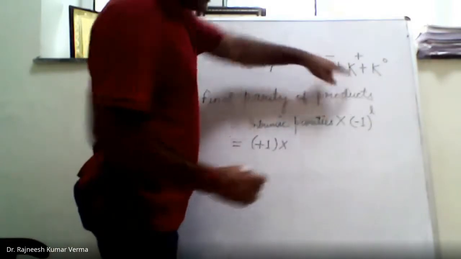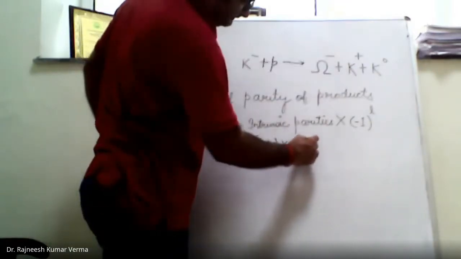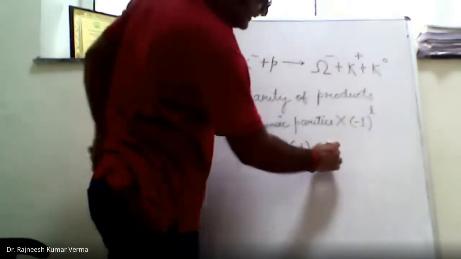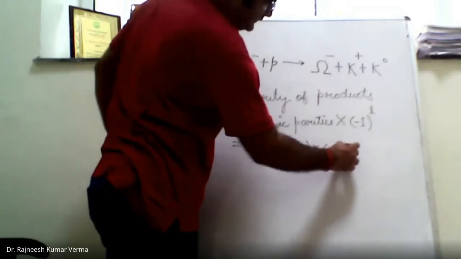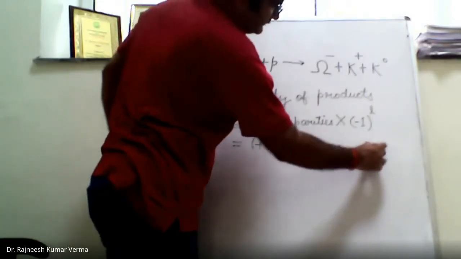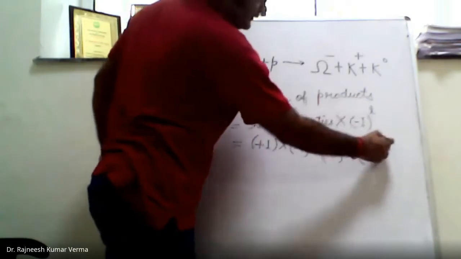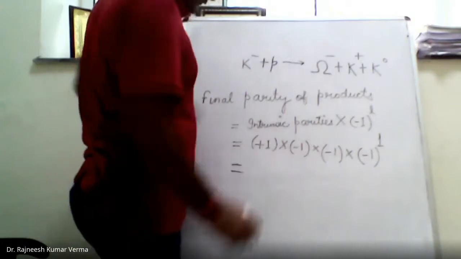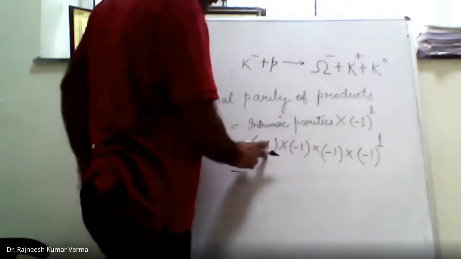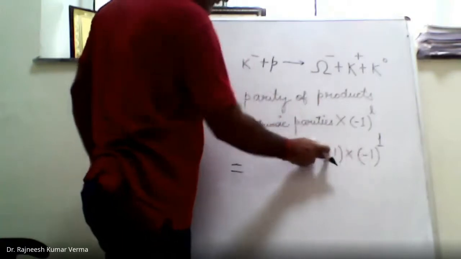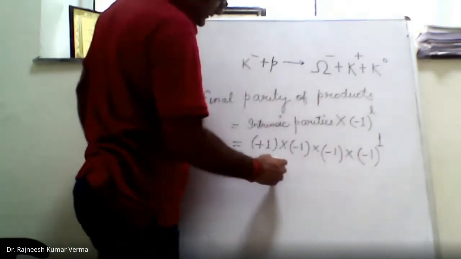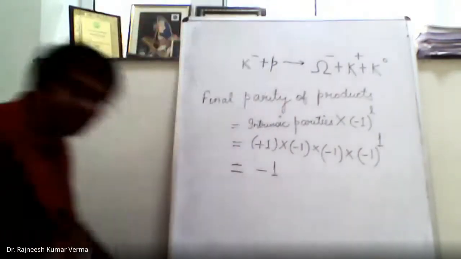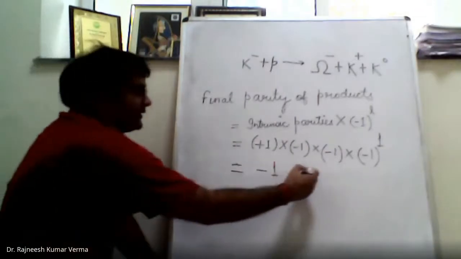Intrinsic parity of K plus is -1. Intrinsic parity of K naught is -1, into (-1) to the power L, 1 unit. Therefore, what we have here is -1, and this is minus 1 as plus, so we have -1. Odd.